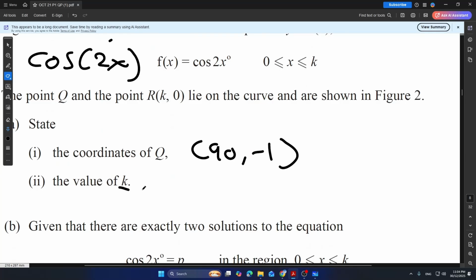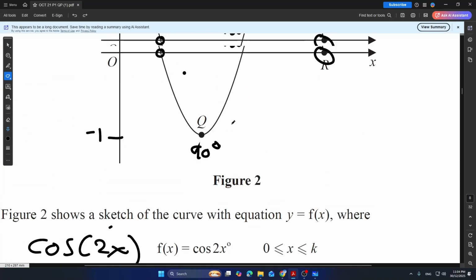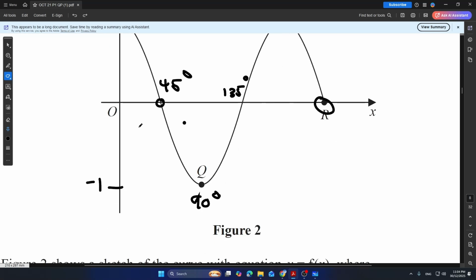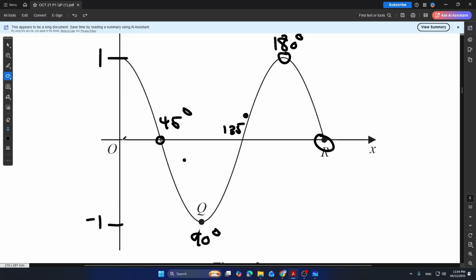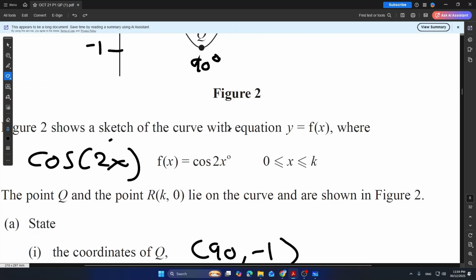And the value of k. Where is this value of k? First of all, this is an inequality showing us how big the graph is, what numbers the graph covers. It says 0, so the graph starts at 0 and ends at k. So k is the x coordinate of this point.